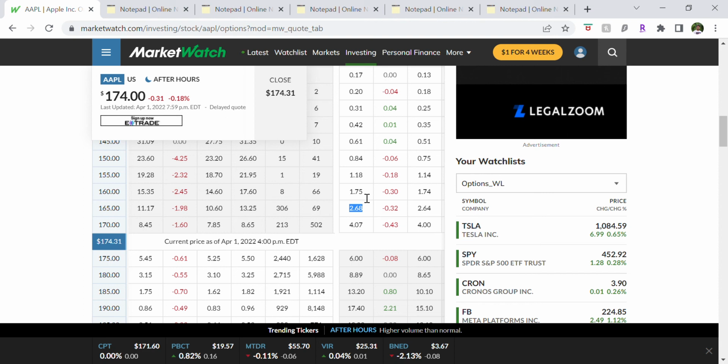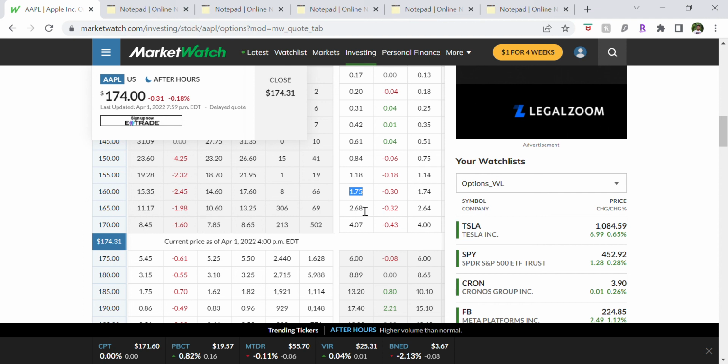Now if Apple rises by $5, both these put options will reduce. After a week or so, when the Apple price rises, this will become, say, 1.5, and this might become maybe 0.8.